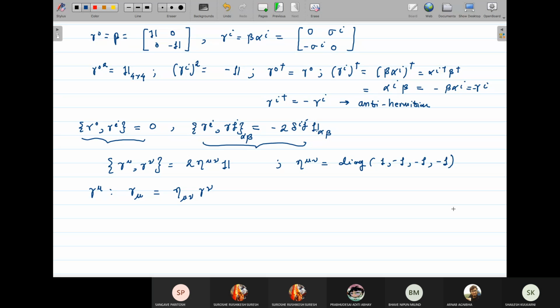So gamma lower 0 is gamma upper 0, which is equal to beta, and gamma lower i equals minus gamma upper i, where gamma upper i is given by this. Any question here so far?